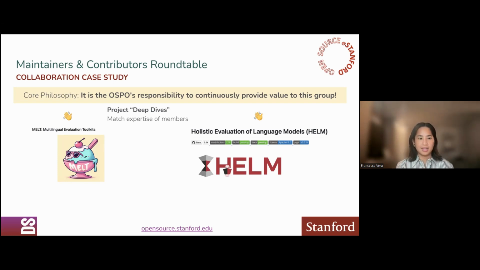So these are 2 projects that basically came up at an MNCR about evaluation frameworks and discovered not only the existence of each other's projects, but an opportunity for the projects to integrate with each other.